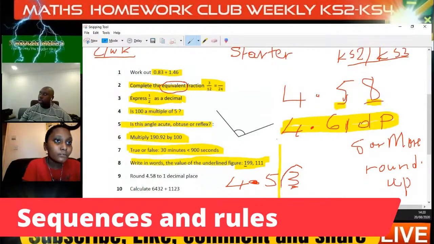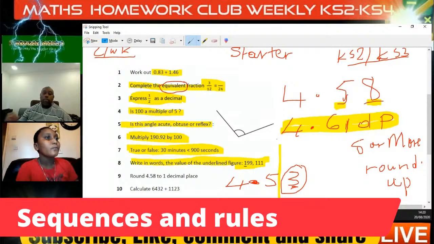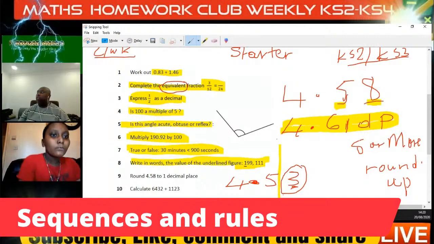Is it more than 5? No, it's not. So if it's not more than 5, you leave the number as it is. So round this to 1 decimal place, it's going to be 4.5.